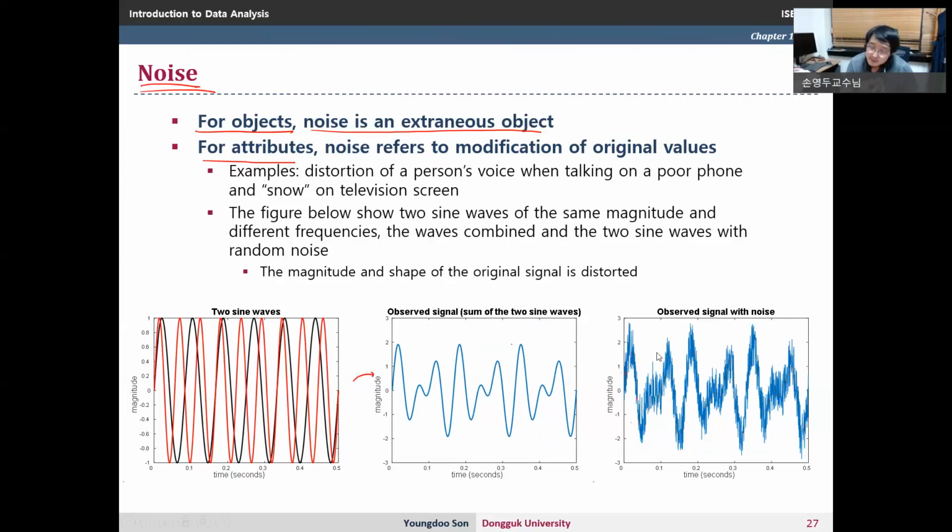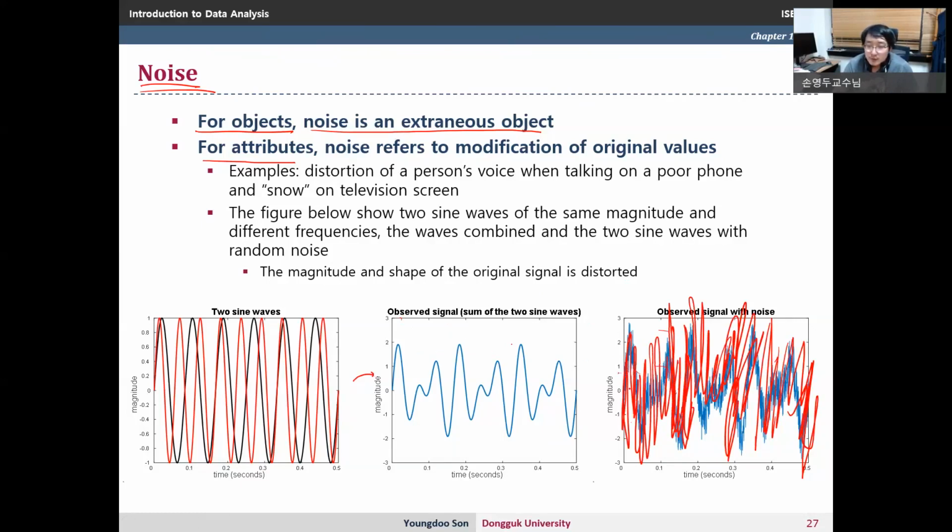However, let's assume that the noise is very high so that it becomes like this. Noise is high. Then we cannot get a similar result with these highly noisy data as the clean one.